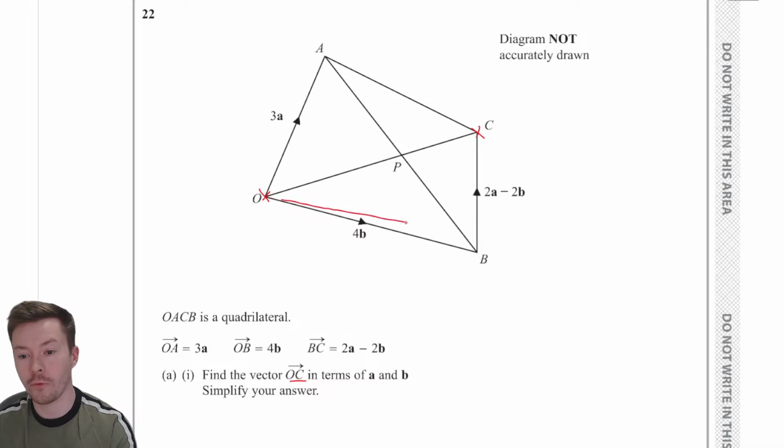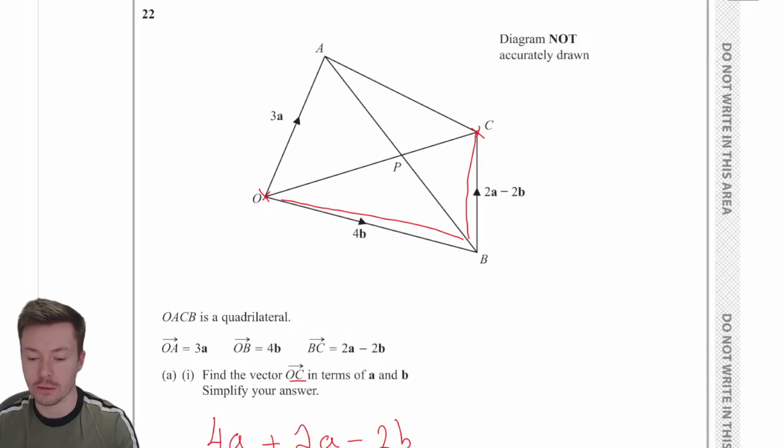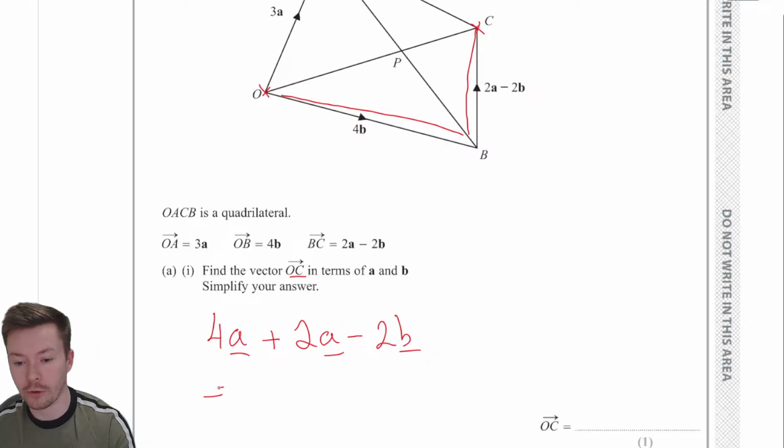So I would go 4b and then 2a minus 2b, so 4b plus 2a minus 2b. I can underline those vectors because it's going to make things easier when we get to part B. Simplifying that, we've got 6a minus 2b.